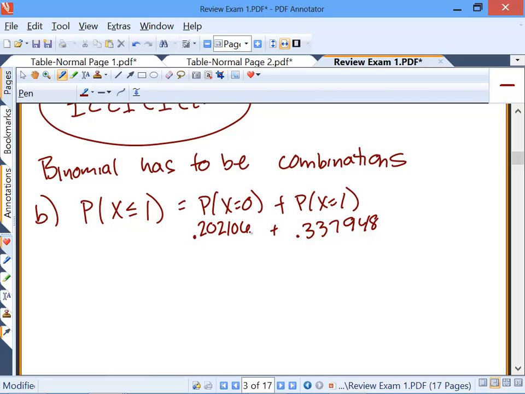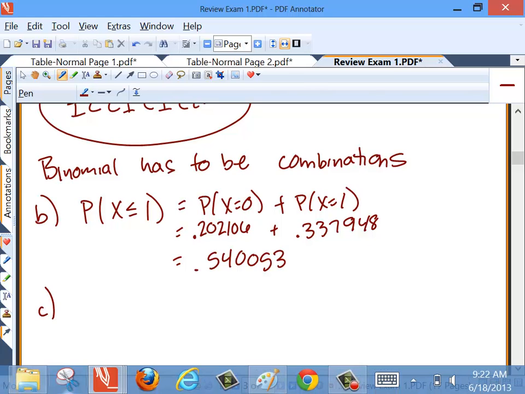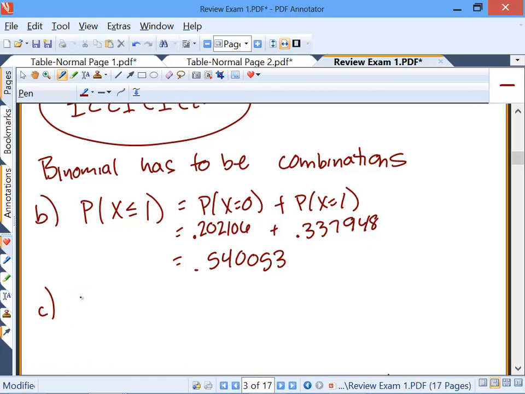Correct? Did I transfer those correctly? So 0.540053.